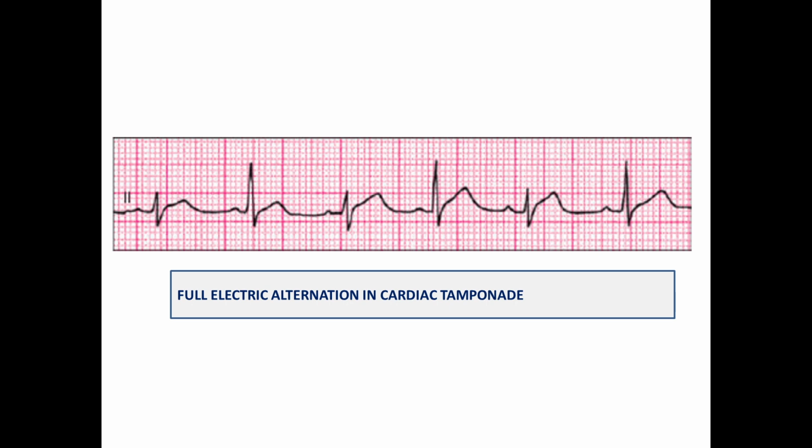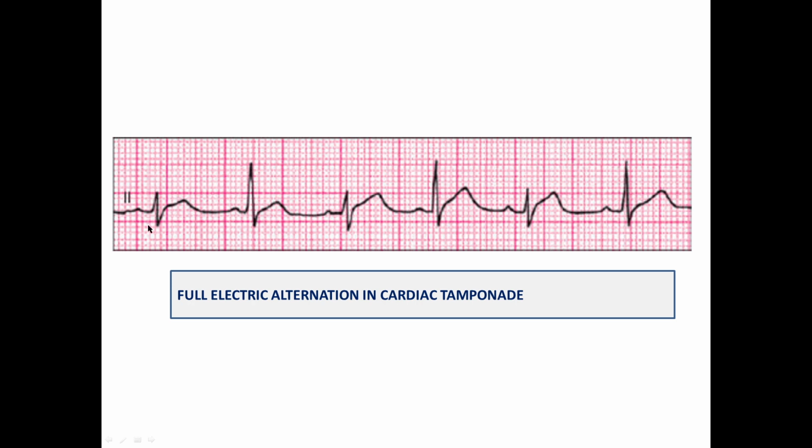Also characteristic for cardiac tamponade is full electrical alternation. Because of accumulation of fluid in pericardial cavity, the heart in cardiac tamponade, at one time during contraction will be closer to the electrode and at another time apart from the electrode, and we have electrical alternation.